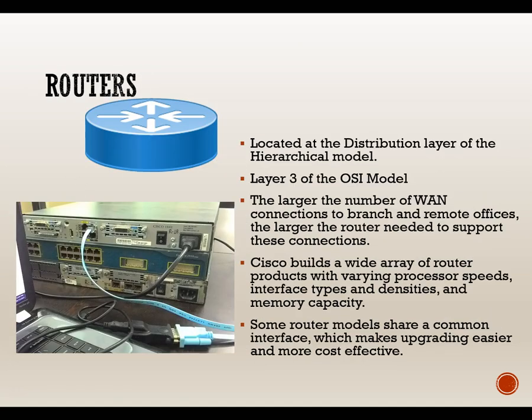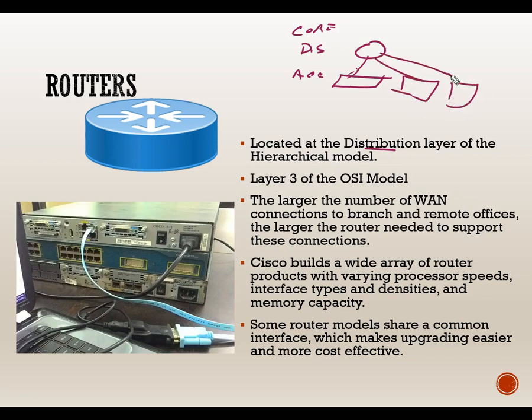The next thing is routers, and routers are located in the distribution layer of the hierarchical model. If we have the core, distribution, and access, our switches are going to be connected to our routers in order to go from, if we had multiple local area networks in our single location, and at ECPI that's what we actually did.